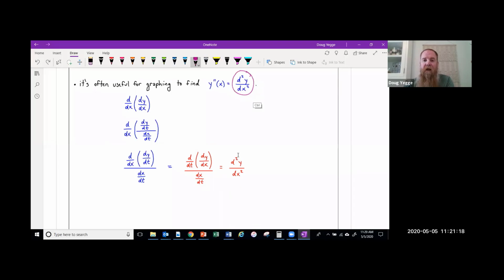And look at why Leibniz came up with this notation where you put the little 2 above the d and the 2 above the dx. That's because up top there are 2 d's, and on the bottom there are 2 dx's, which is why we write it as d squared y over dx squared.